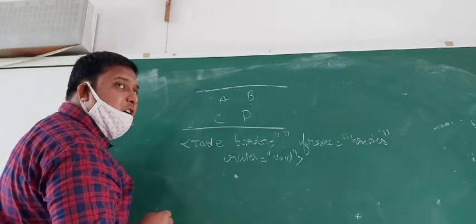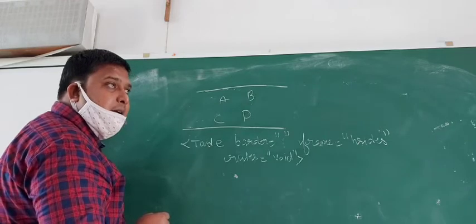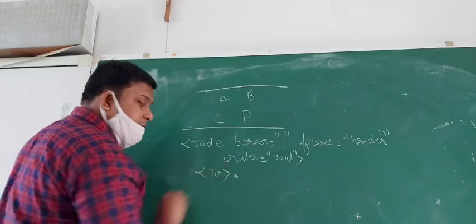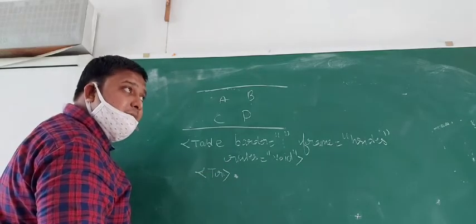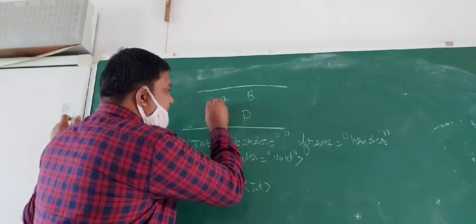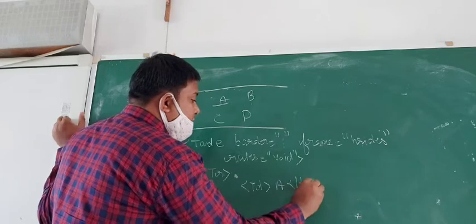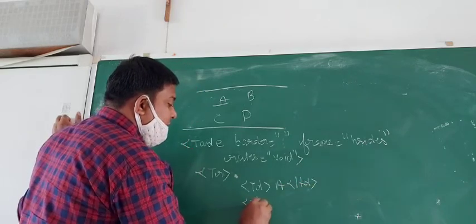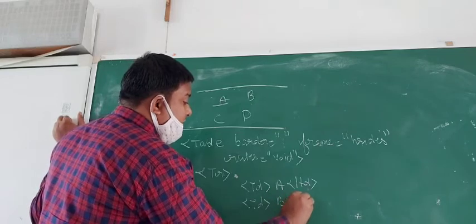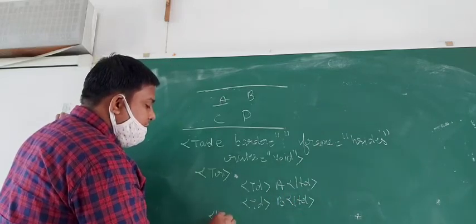And then what will you do? How many rows, how many columns are there? Two rows. And for each row what we have to use? TR. And for each cell, TD. So inside the TR we have a TD, A, and TD we will close, table data open, table data close. Again TD, B, and I will close the TD, and then finally what I will close?